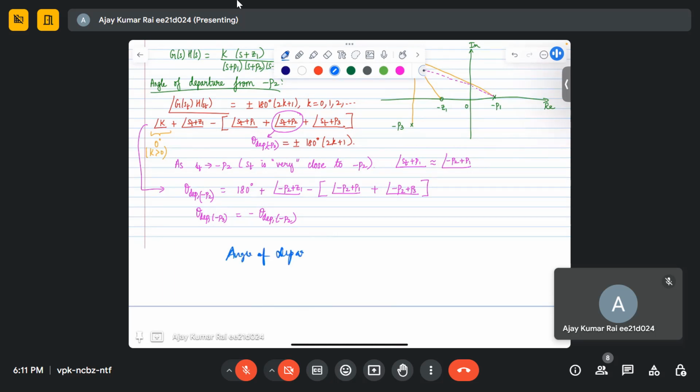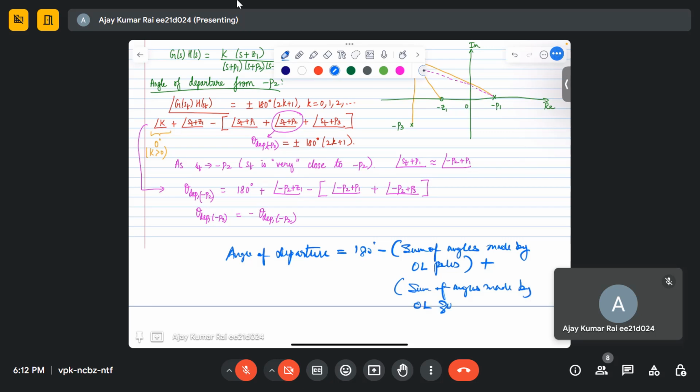So the formula for angle of departure, we'll be using this: it is equal to 180 minus the sum of angles made by open loop poles, plus the sum of angles made by open loop zeros.